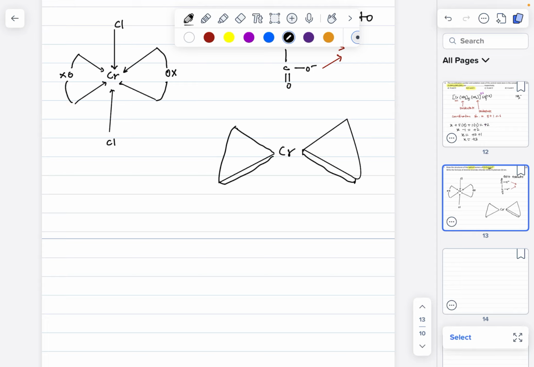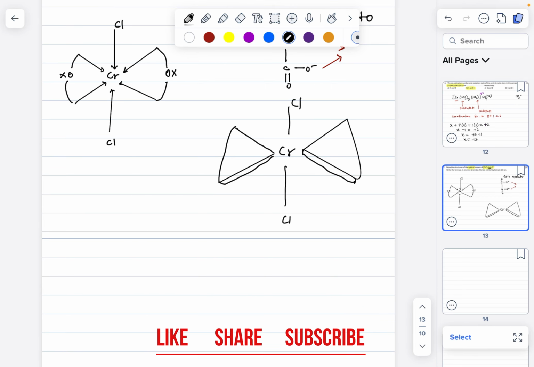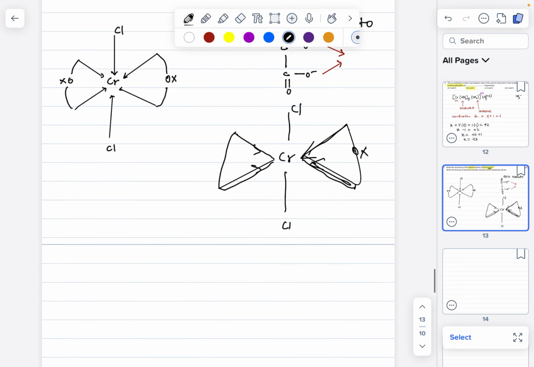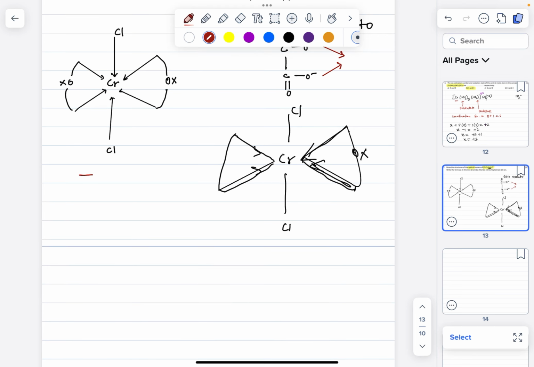And this is chlorine and this is chlorine. Like this tells you about the ox. And this is the linking site, so these are the two linking sites. Over here, this is what the structure is. I'll call this a trans isomer of this.